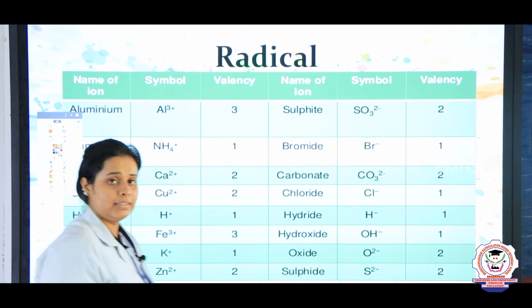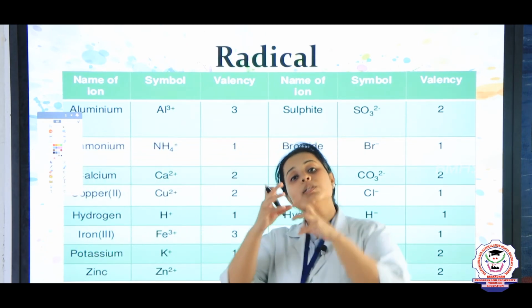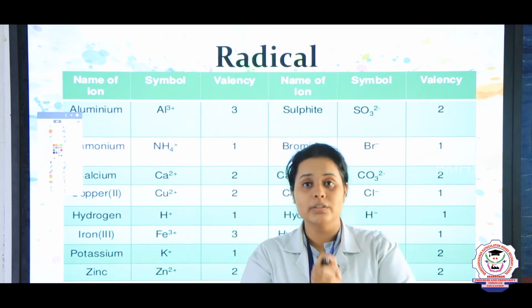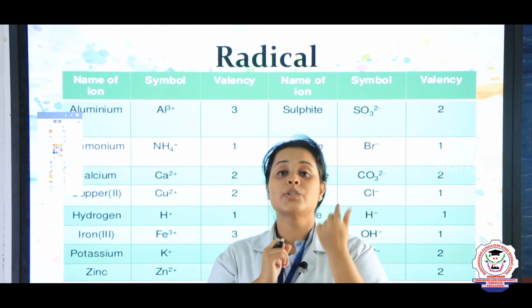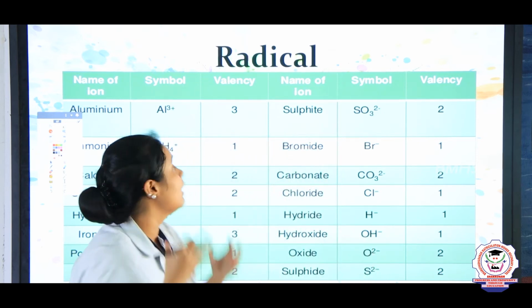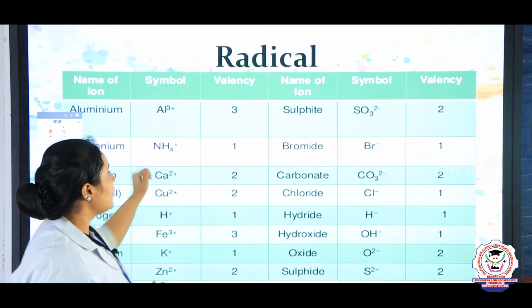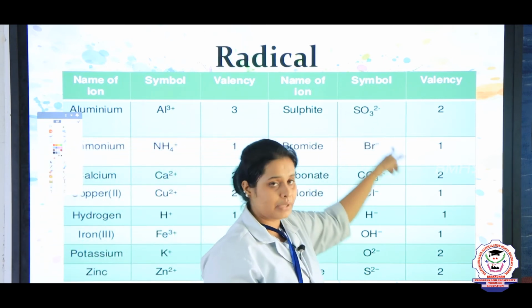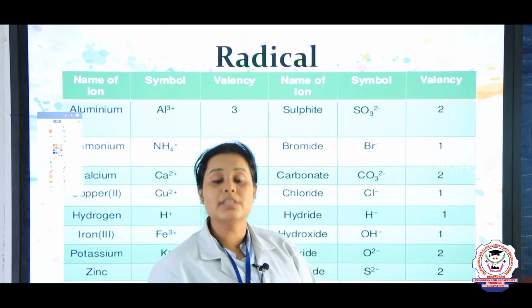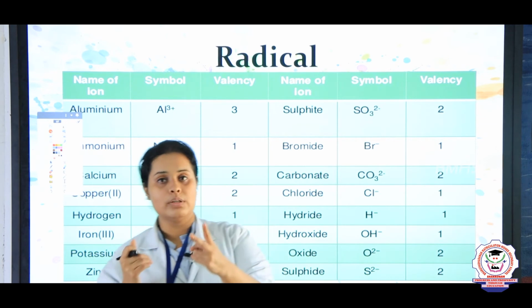Same way, children, there is the example of radicals. Radical means that when small elements combine together to form one molecule, that molecule shows some kind of charge. Here, the first example is sulphite. Sulphite is written as SO3 with a charge of 2-, that is, it has 2 extra electrons.